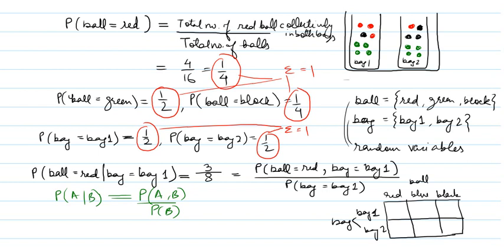right? So the probability of red in bag 1 is 3 by 8, and the probability of bag 1 is half, right? Since these two events are independent of each other, we can write that P of A comma B is equal to P of A times P of B, right? So we can have red, blue, black, and we have the green one here.